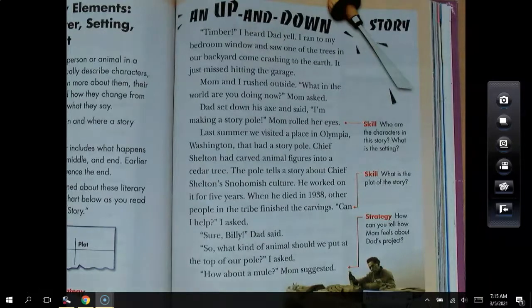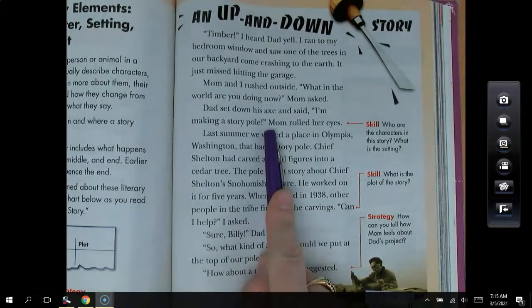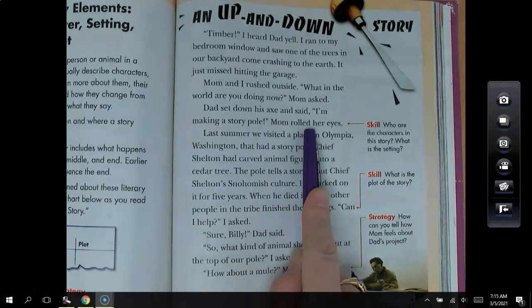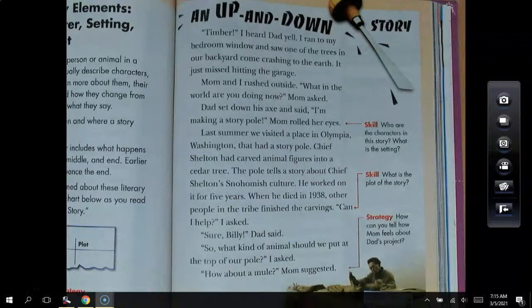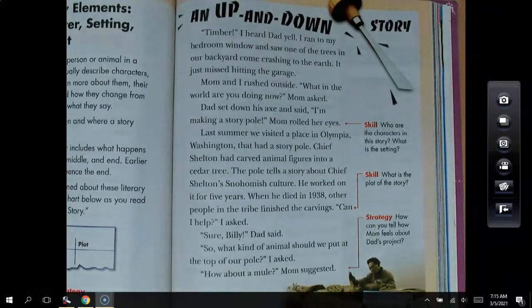Yeah, I don't think she was too happy, because what did she do in the story? She rolled her eyes. Right here it says Mom rolled her eyes. So if a character rolls their eyes at something, do you think that they approve or they're happy about what's going on?